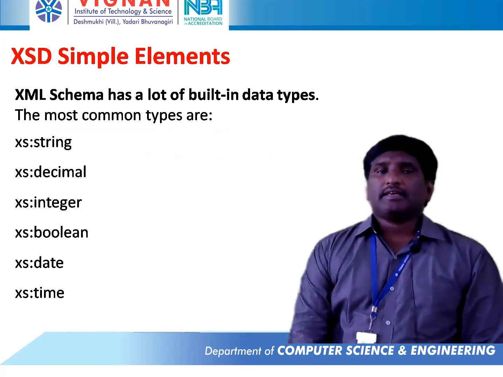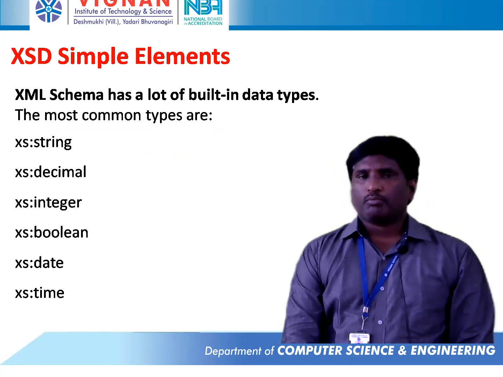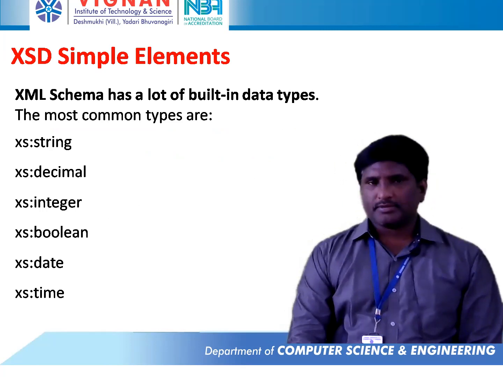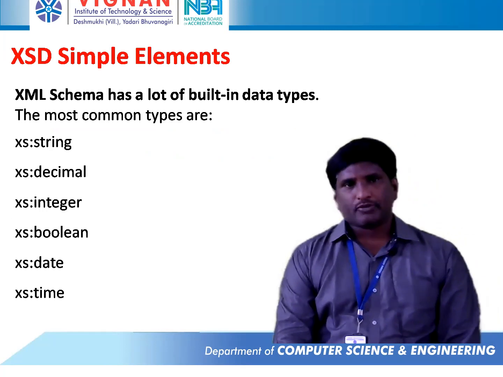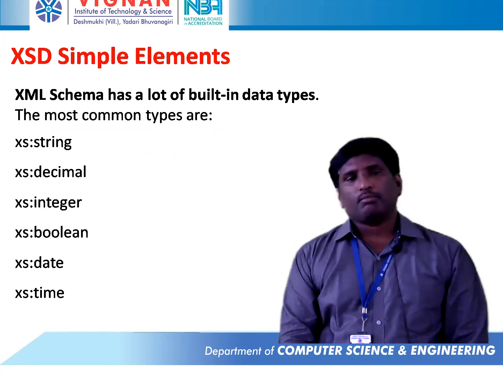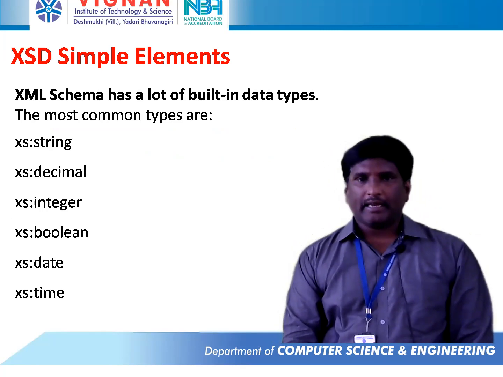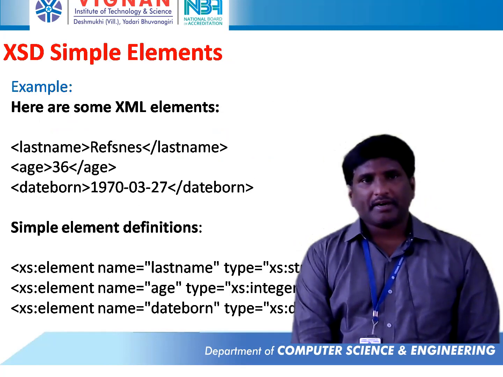Next, XML schema provides built-in data types. The most common built-in data types are string, decimal, integer, boolean, date, and time. These are the data types provided by the XML schema.